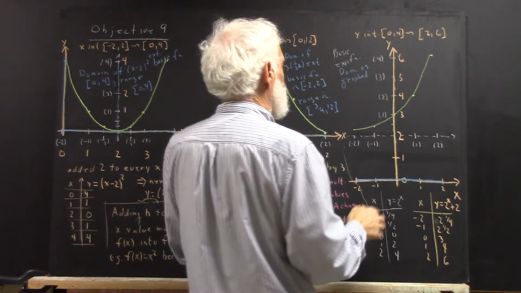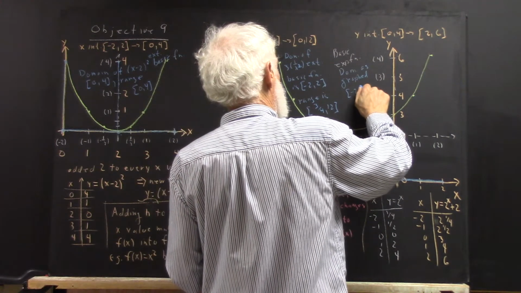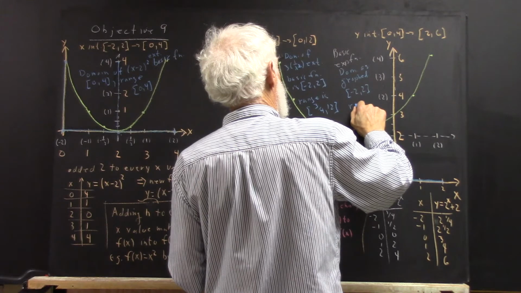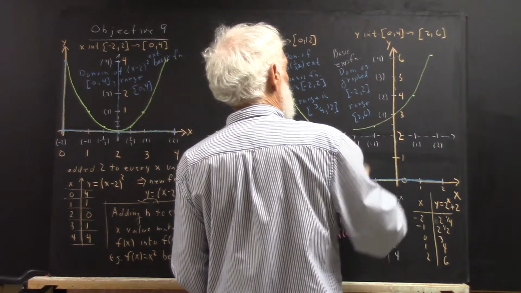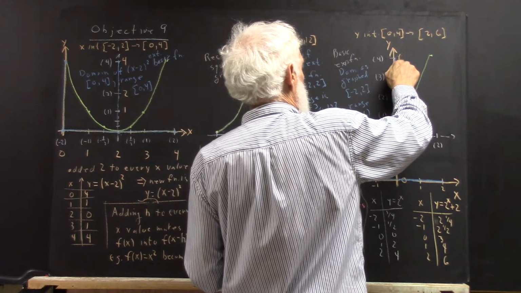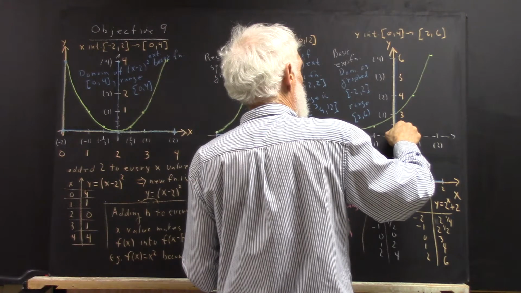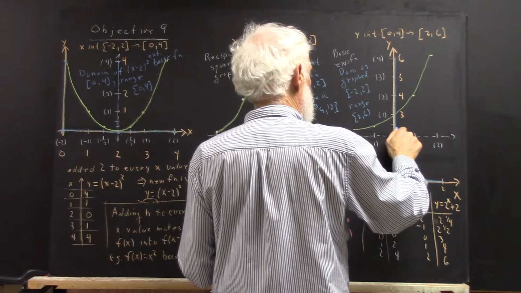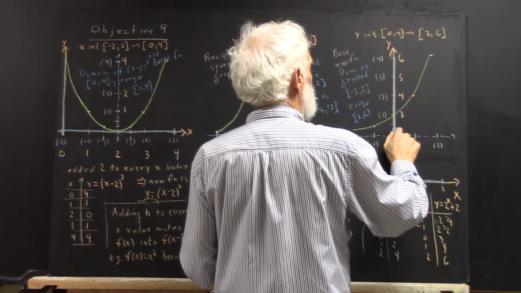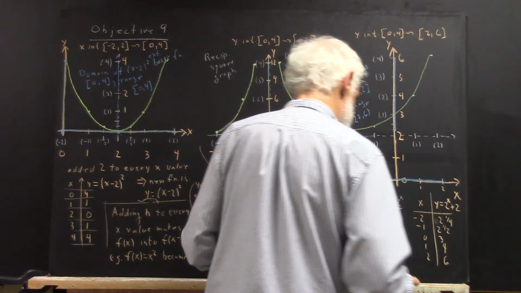I'll say domain as graphed. You could have said this on these. That's the domain, and here's the range. And I'm wrong about 2.6 because it's 2 1/4. 6.